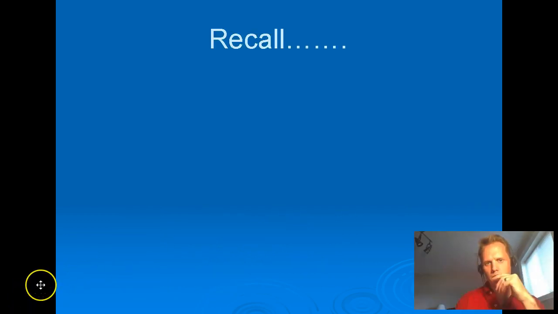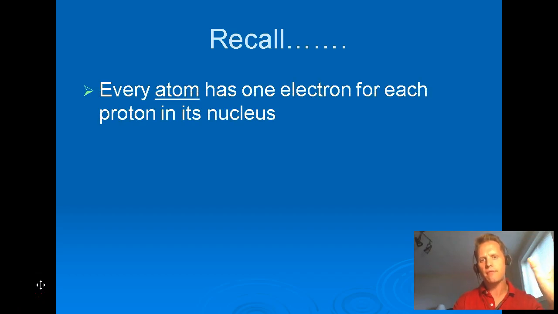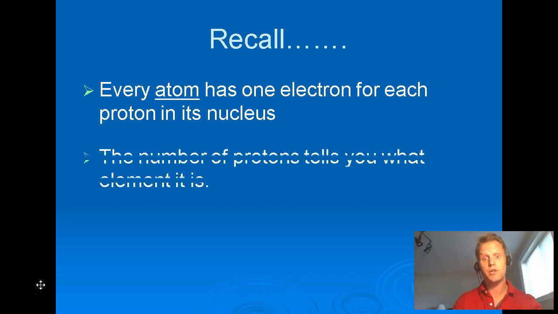So here we go. Let's go back to the Bohr-Rutherford thing a bit again. Recall, every atom has one electron for each proton in its nucleus. When it's neutral, you have the same amount of protons as you do electrons. The number of protons tells you what element it is. Where do we get the number of protons from?